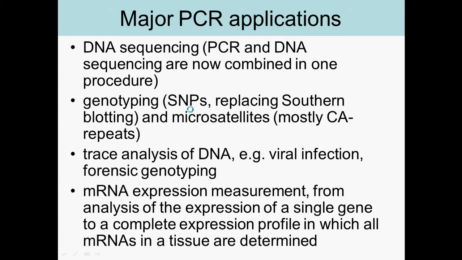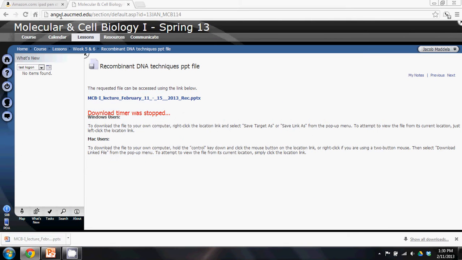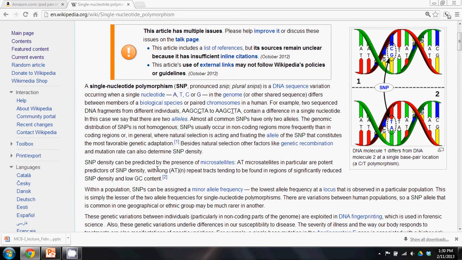So we're going to use SNPs, single nucleotide polymorphism, which is just a single nucleotide difference. We can see what I mean by SNPs over here. So we have these two DNA fragments, AAGCTA and then AAGTTA.